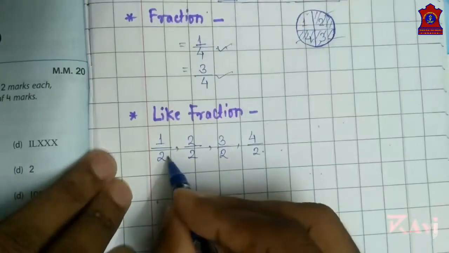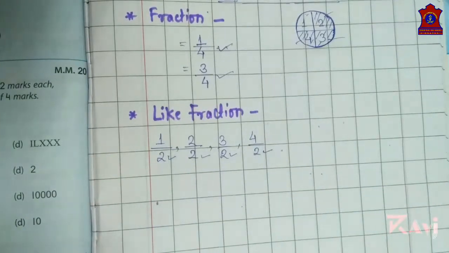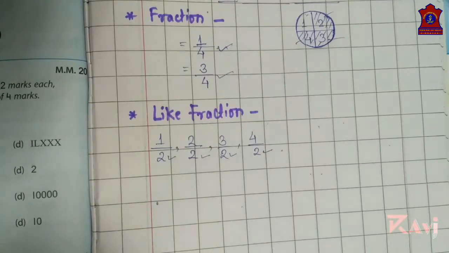See here, all the denominators of these fractional numbers are the same. Therefore, when the denominators are the same, we call these kinds of fractions like fractions. Clear?